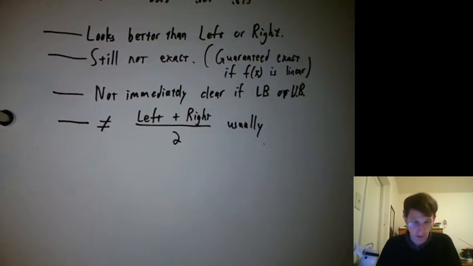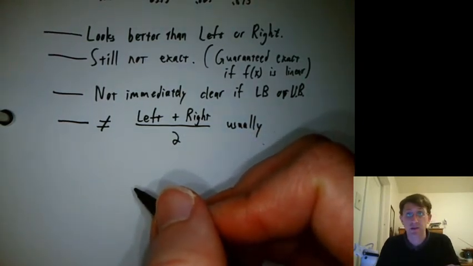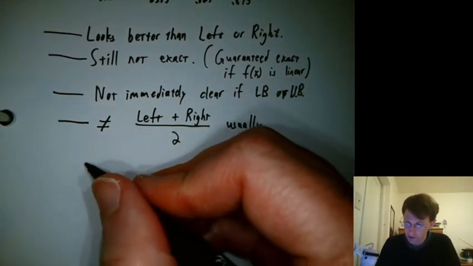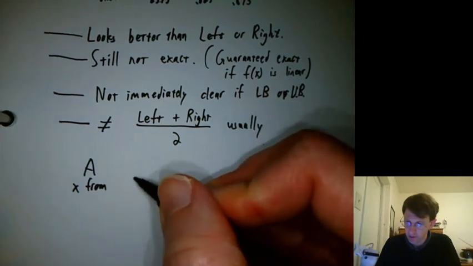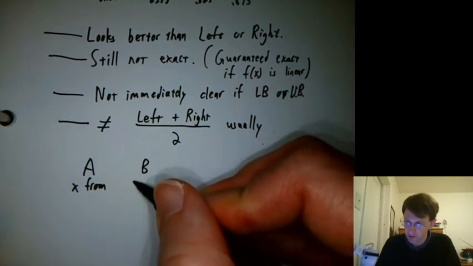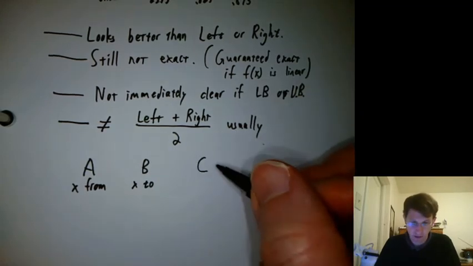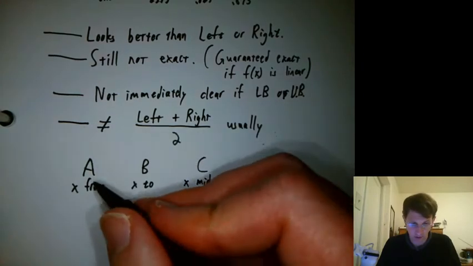And what can we say about this in spreadsheet form? Well, you might have been wondering why I was starting in column C before. Now we'll see, because we could say column A is like the x value that each box starts at. Column B is the x value that each box stops at. And C is the midpoint of those two values.